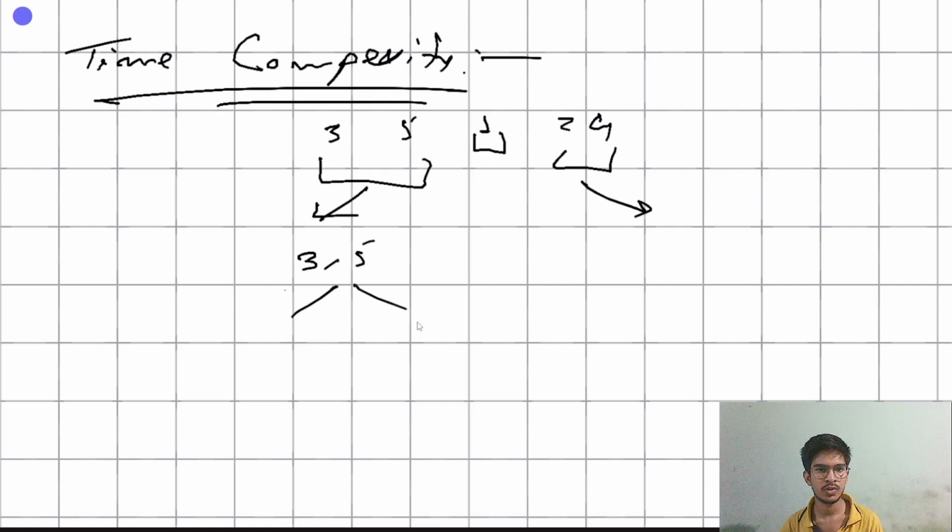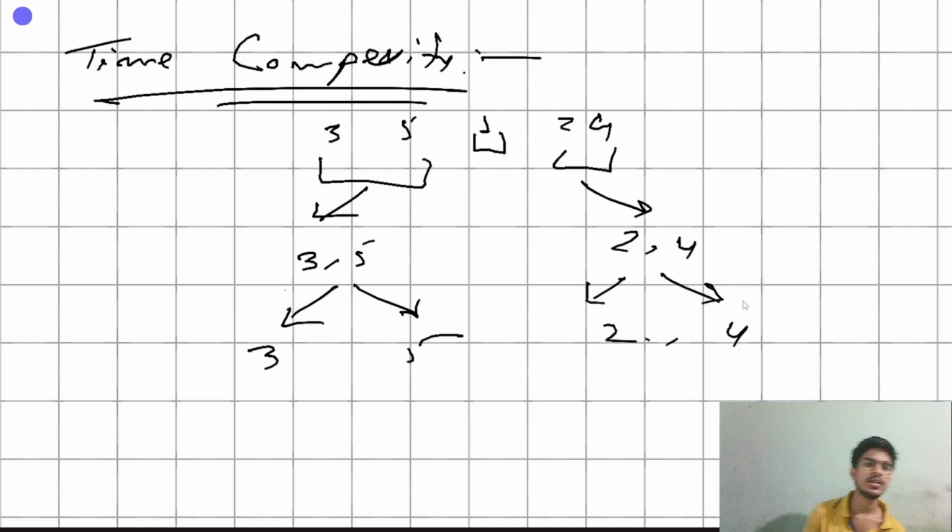Now 3 5 will go in two steps, basically 3 and 5. Suppose, I'm not talking about anything else, I'm saying suppose, because actually in quick sort it generally happens something different, right? So we cannot say it like that. Suppose here we have 5 steps, right?